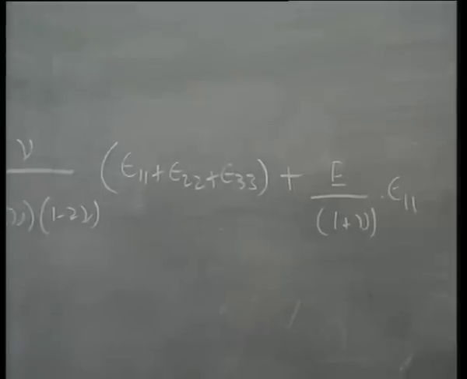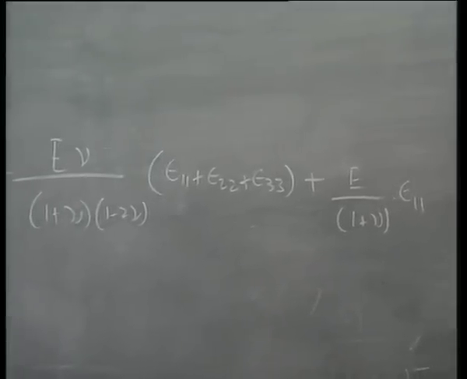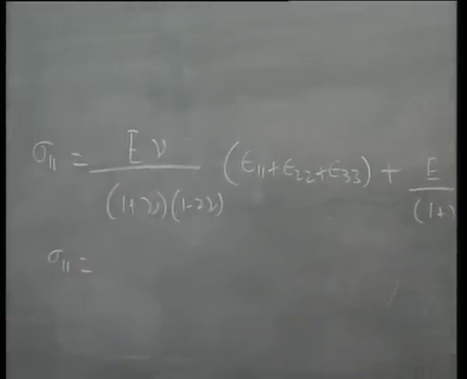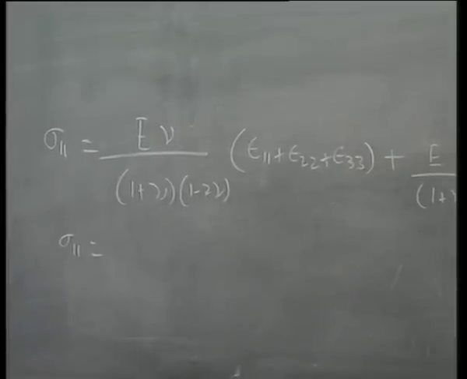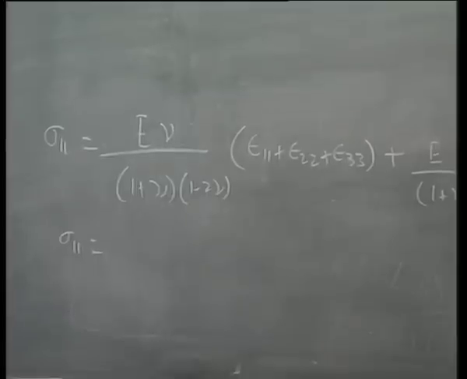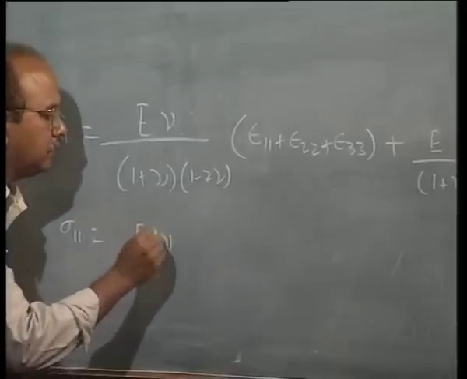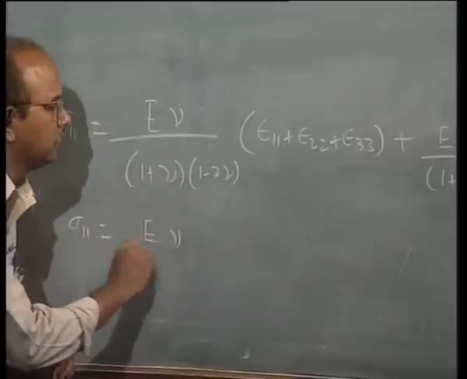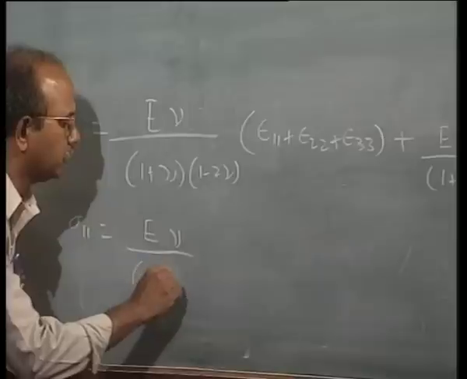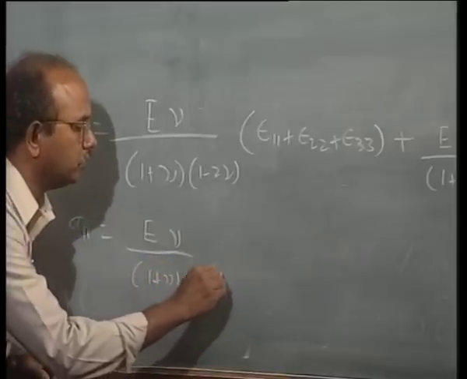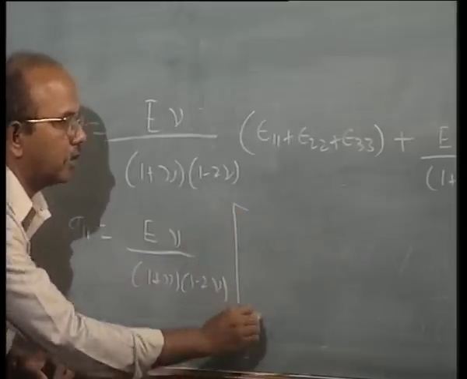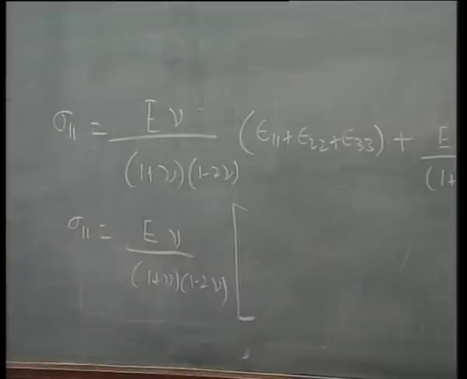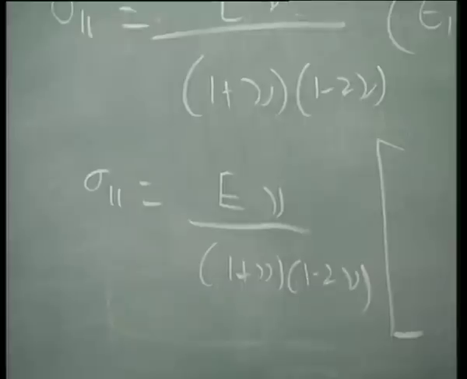Right? Okay. So that can be written as sigma 11 is equal to, rearranging the terms, E nu divided by 1 plus nu into 1 minus 2 nu, let me take that out. So what happens to the epsilon 11 term?